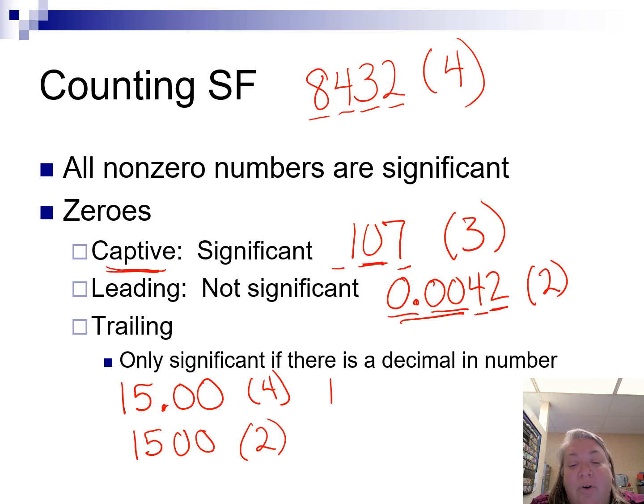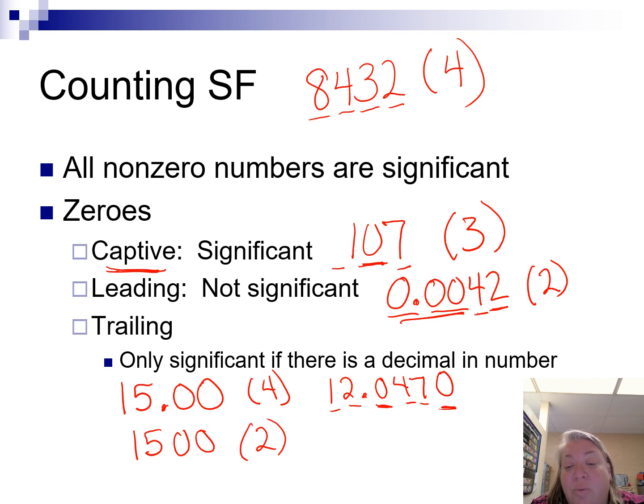All right, let's try one more. 12.0470. Okay, the 1, the 2, the 4, we know those are significant because they're non-zeros. The first zero is a captive zero, so yes, it is significant. The last zero is a trailing zero. There is a decimal in this number, so yes, it is significant.